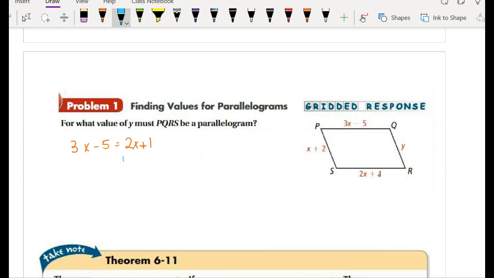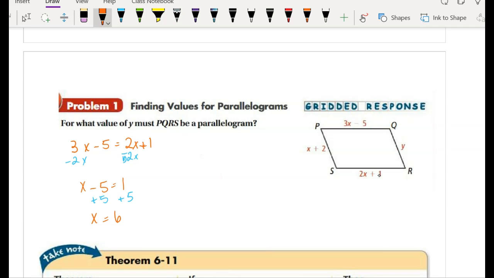I'm going to subtract 2x from both sides. Then I have x minus 5 is equal to 1. I'm going to add 5 to both sides, so I get x is equal to 6.